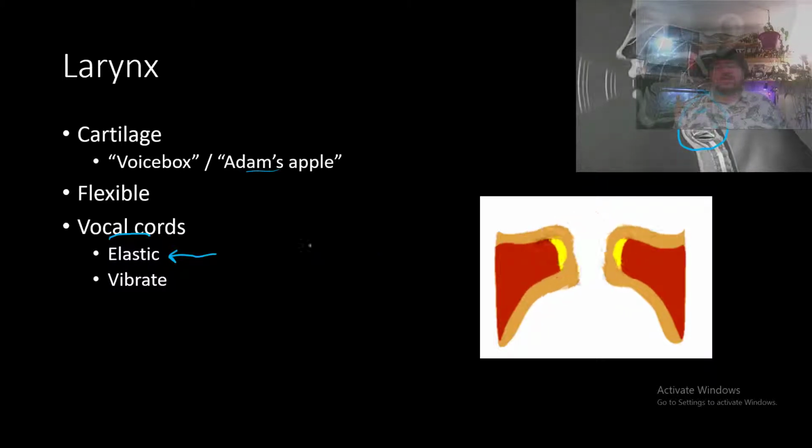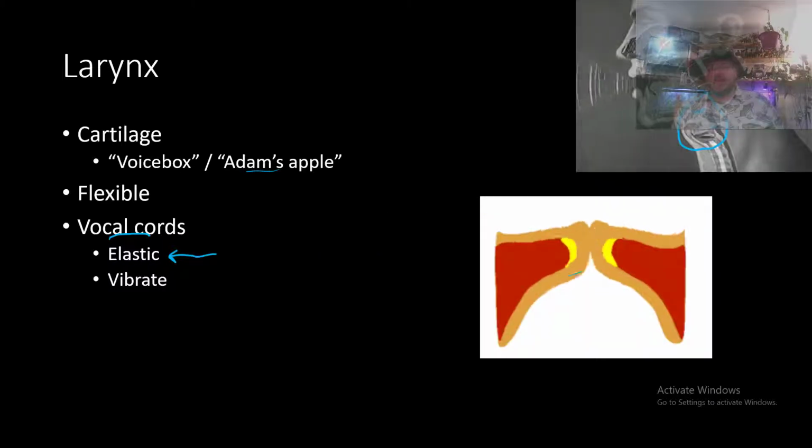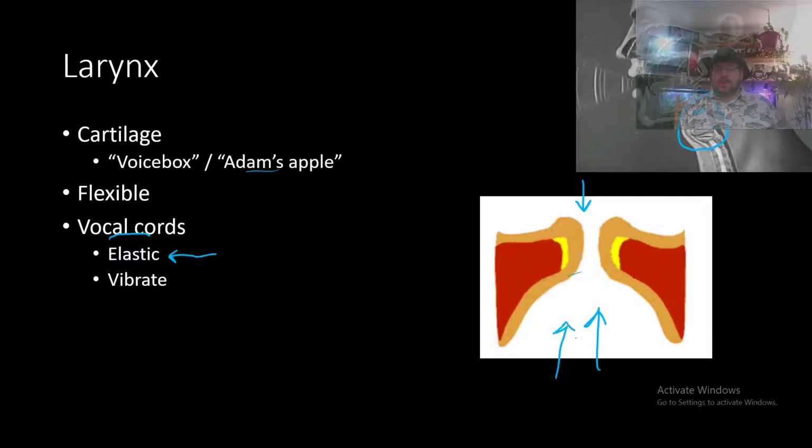All you need for sound is vibration. And so we can see this nice little side view, a cutaway here of how the elastic connective tissue pushes together when you force air up past the voice box.